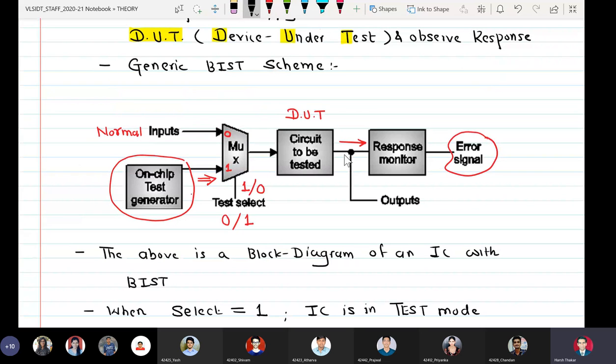Okay, it's very simple. So it's a basic B.I.S.T scheme.